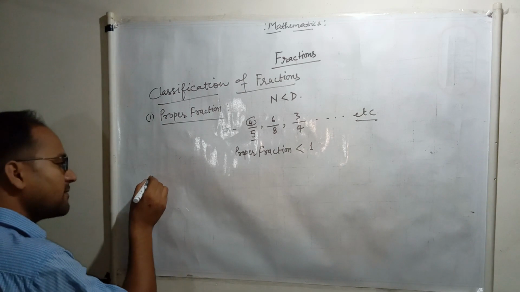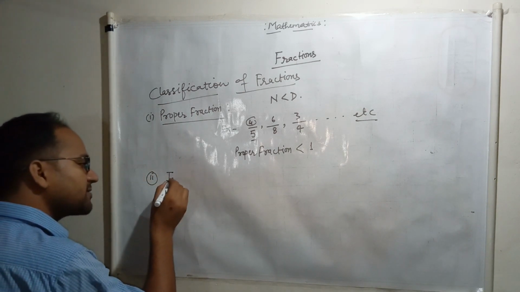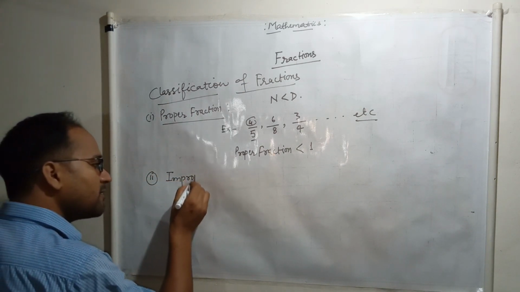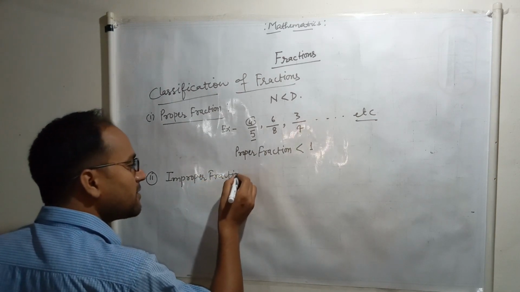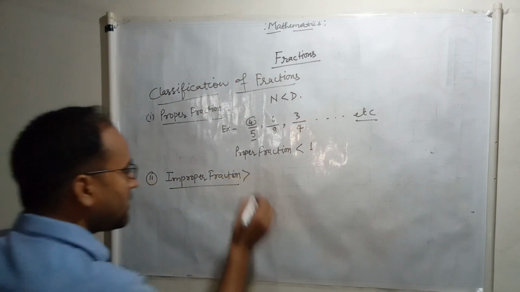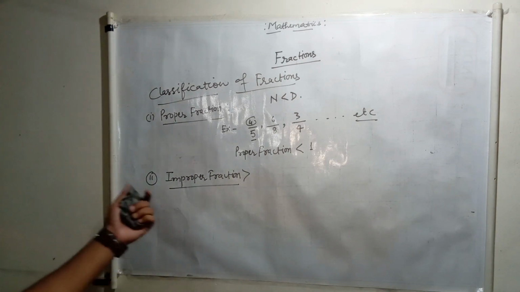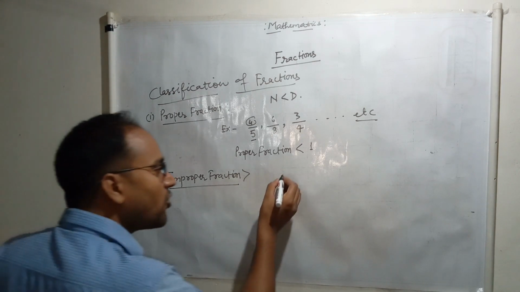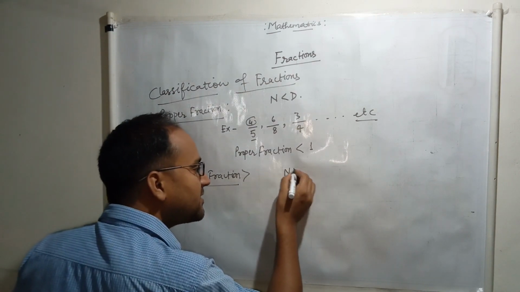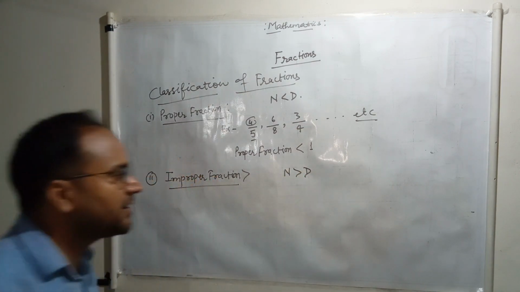Next one is the improper fraction. An improper fraction is one whose numerator is always greater than its denominator.